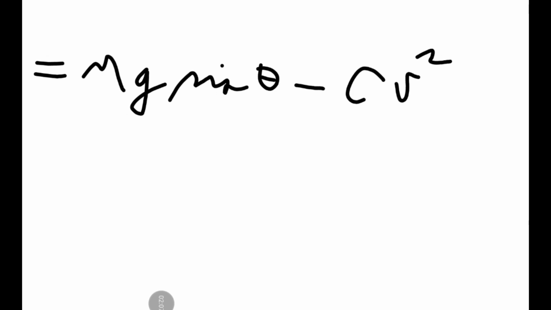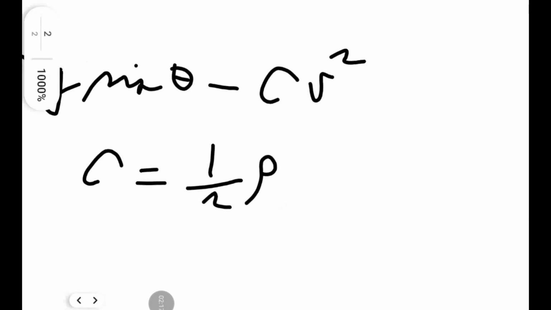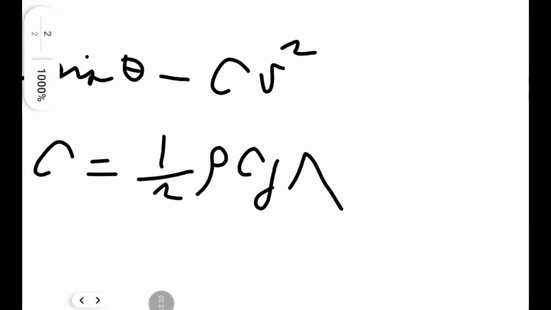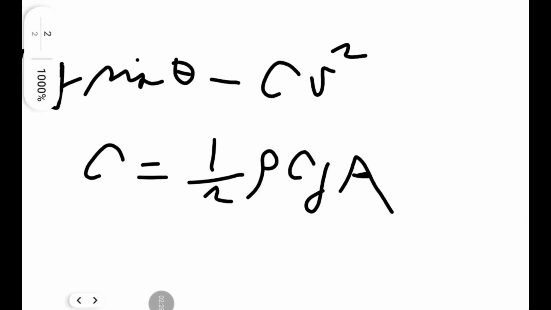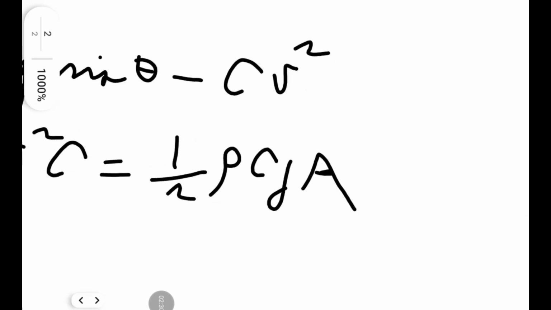However, in real situations it's going to be quadratic, and c would actually be equal to a half times the density of the fluid, times the drag coefficient, times the cross-sectional area of the surface. When you add in v squared, you get the full drag force equation. And the density is the density of the fluid.